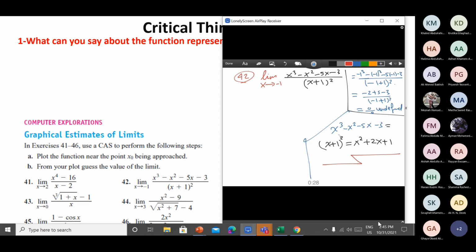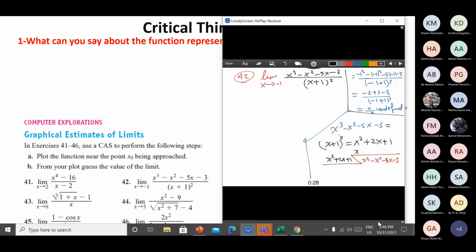So if you know how to make the long division of x cubed minus x squared minus 5x minus 3, and you divide it by x plus 1 squared, you have to factorize it to be easy for you. How to make the long division? You divide this one by this one, so you have what? X cubed over x squared is what?